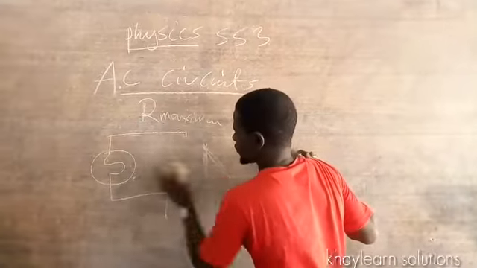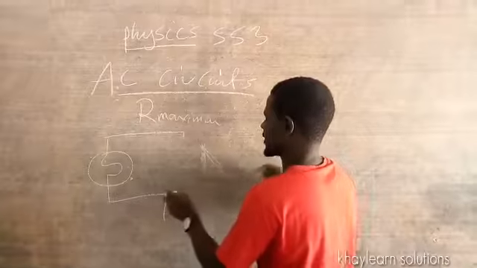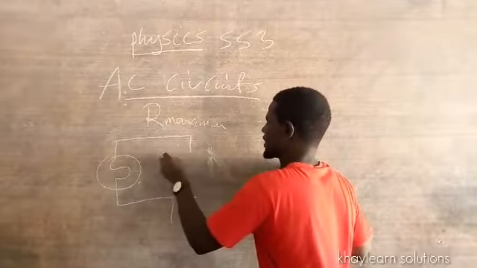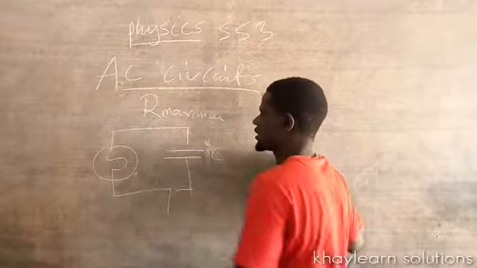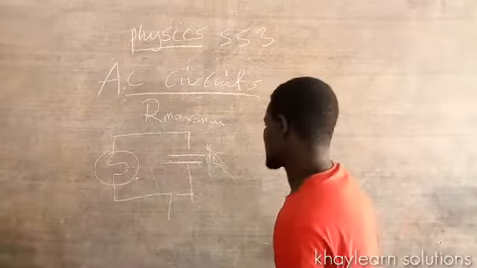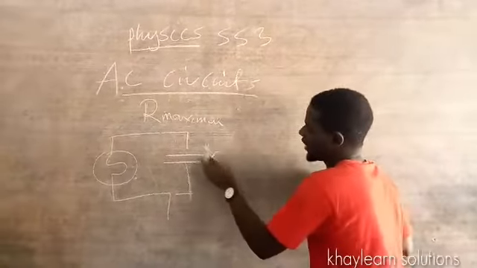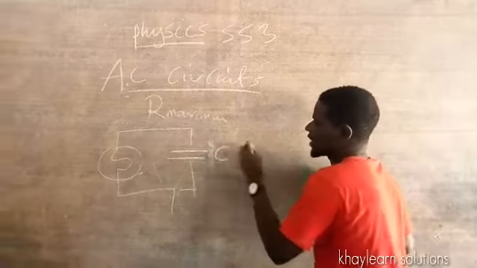Sometimes a capacitor will be connected. If a capacitor is connected, the circuit will have this, and the total opposition will be due to the capacitor.